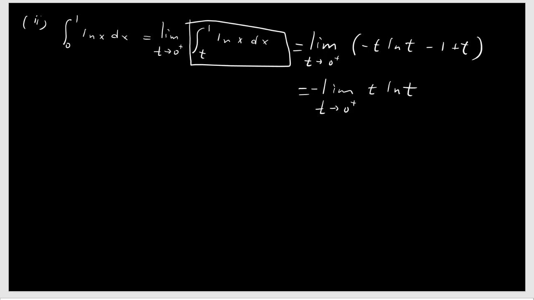We're going to handle that limit later. Okay, we leave out the negative sign. The limit of the constant of -1 is -1. The limit of t is equal to 0. So we plug 0 in here. So all we need is to evaluate negative, as t approaches 0 from the right, t times natural log of t. Okay.